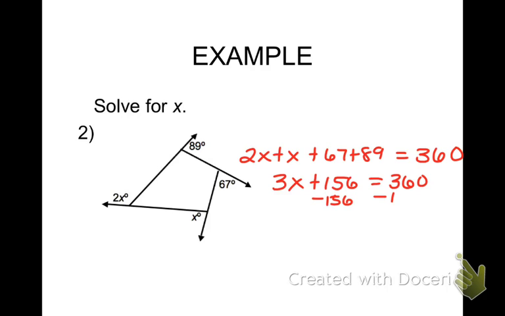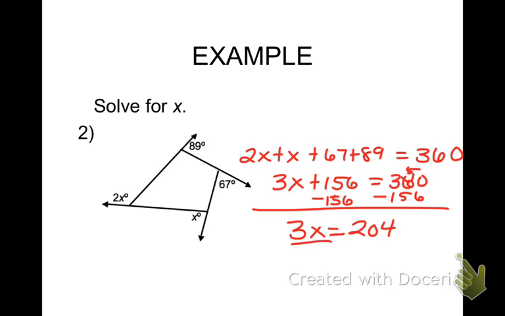Subtract 156 from both sides and that's 204. Divide it by 3, so x equals 68.